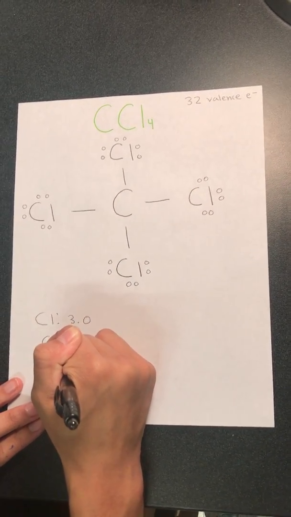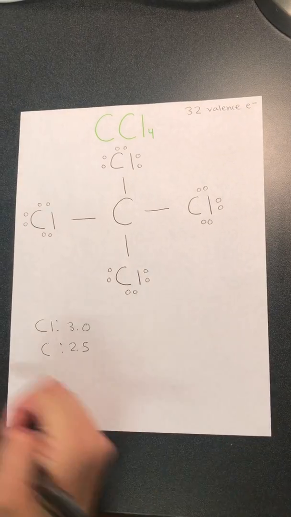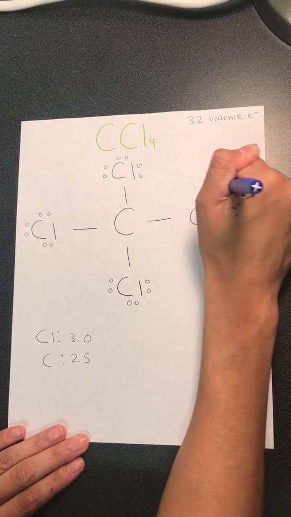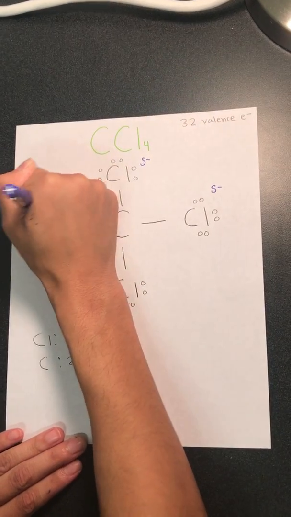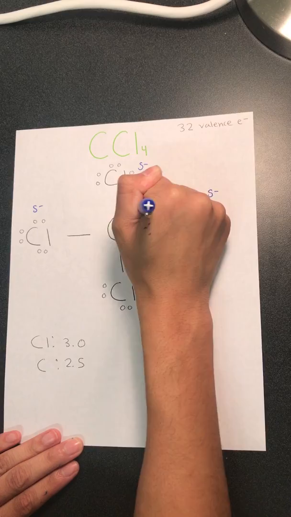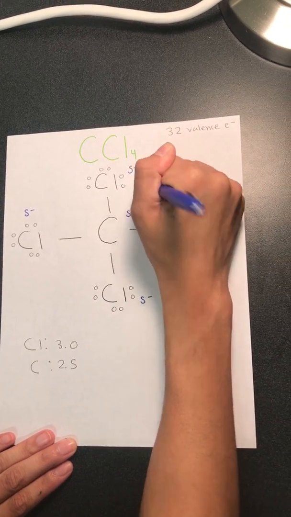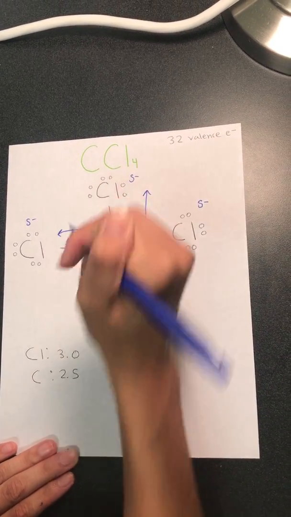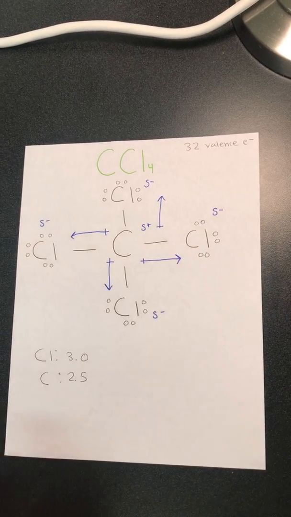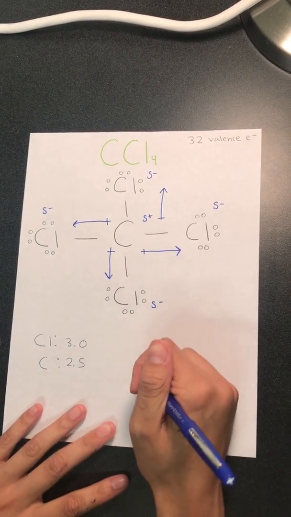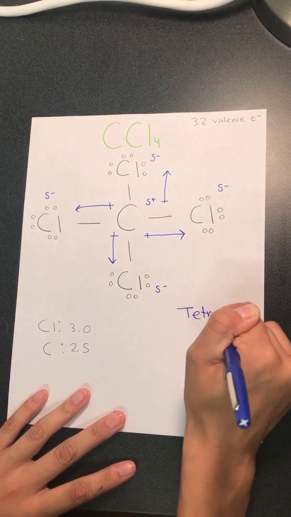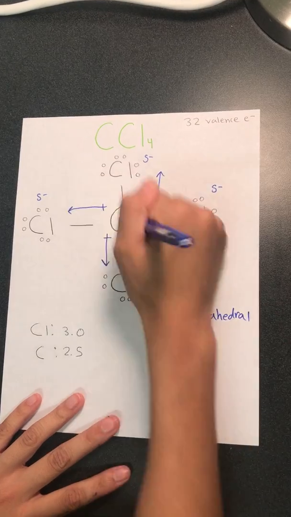Carbon has a 2.5 electronegativity, so chlorine will get the partial negative charges, and then carbon will get the partial positive charge. Here are our bond dipoles. And then our molecular geometry is tetrahedral because we have 4 domains.